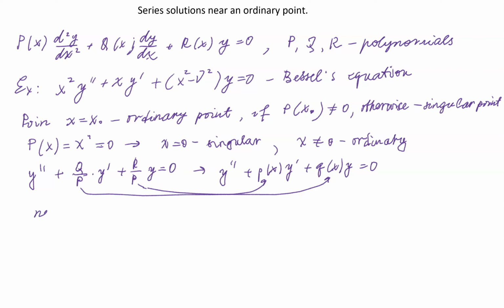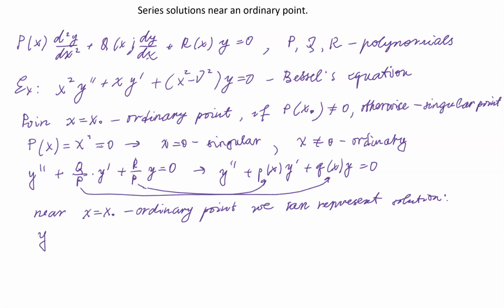So near x equals x0, an ordinary point, we can represent the solution as a power series: y equals a0 plus a1 (x minus x0) plus a2 (x minus x0) squared, and so on.